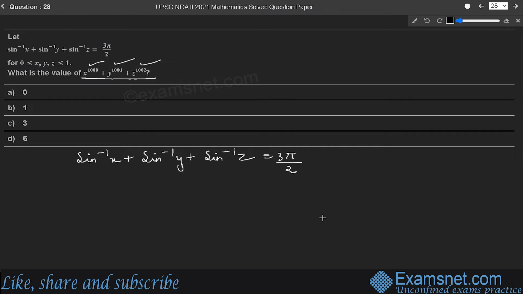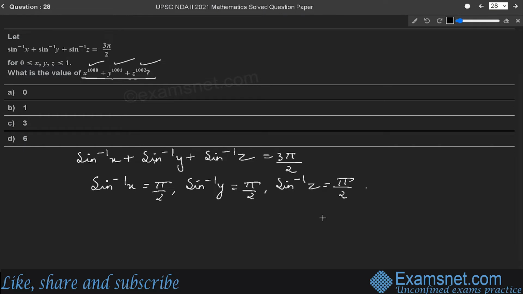And the given equation, which is sin^-1 x + sin^-1 y + sin^-1 z = 3π/2, is possible when the value of sin^-1 x will be π/2, the value of sin^-1 y will be π/2 and the value of sin^-1 z will also be π/2. In this case, the right hand side will be 3π/2.